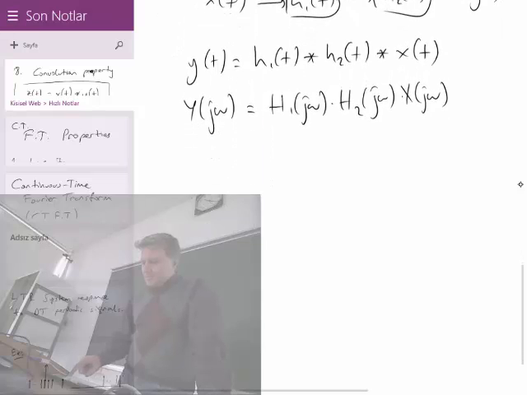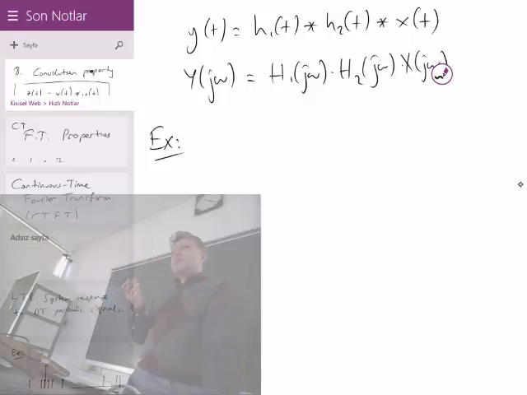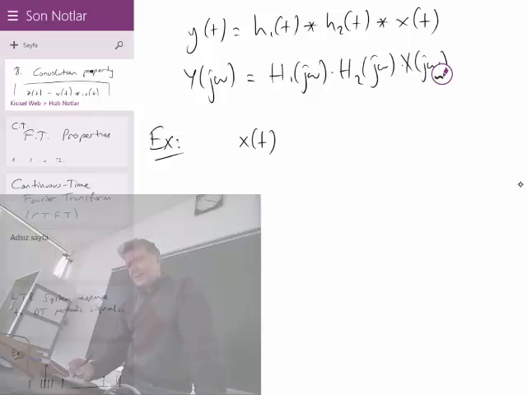Now, let's see an example whose answer we already know, but let's now try to think of it in a different perspective, in a different linear and time invariant system perspective. First of all, do you remember this property?